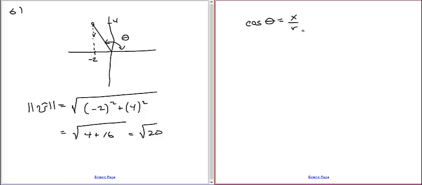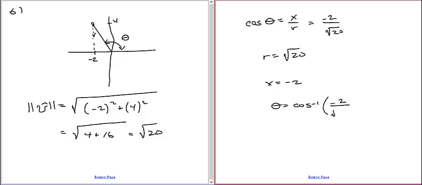If you take these coordinates, r is equal to the length, which is the square root of 20, and x is -2, so you get -2 divided by the square root of 20, or theta is the inverse cosine of -2 over the square root of 20. And you'd end up with 117 degrees.